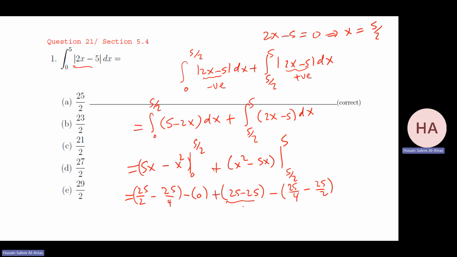This is 0. So 25 over 2 minus 25 over 4 is 50 over 4 minus 25 over 4, which is 25 over 4, minus this one, minus 25 over 4. So I have 50 over 4, which is 25 over 2, which is this one.